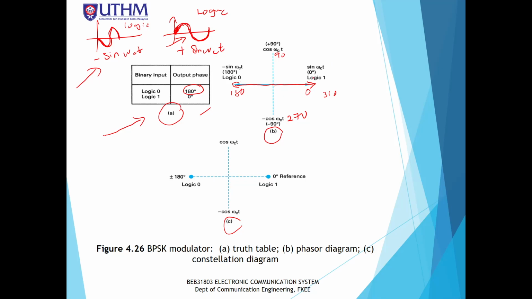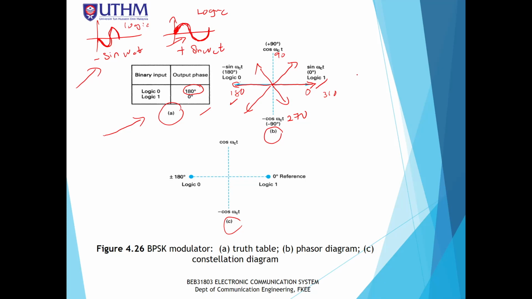So we have this for logic 1 and logic 0, because we only have two possibilities. That's why if we go to a higher level modulation technique, we're going to have many arrows like this. This is if we go to higher level of modulation techniques.